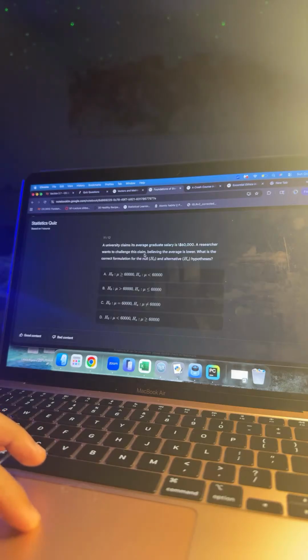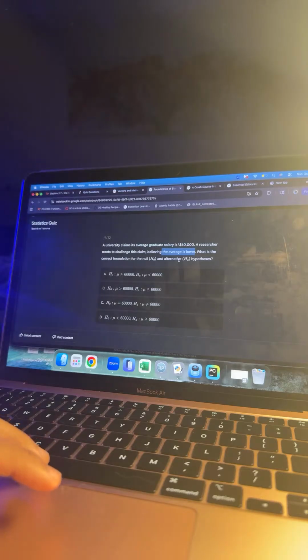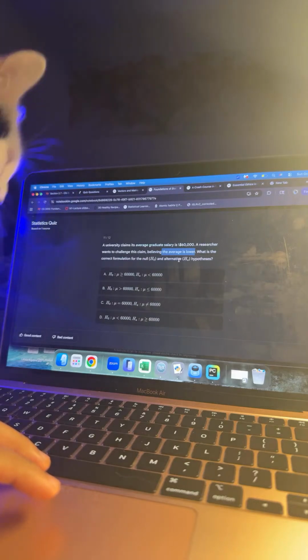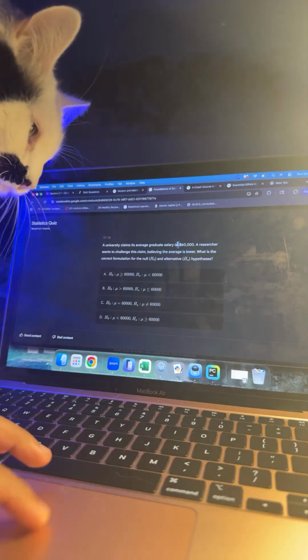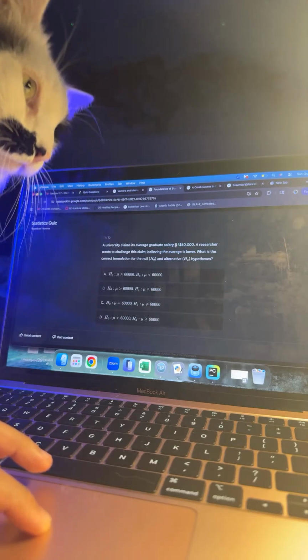So, a researcher wants to challenge this claim, believing the average is lower. What is the correct formulation for the null and alternative hypothesis? A researcher wants to challenge this claim. What is this? I think it's less than.